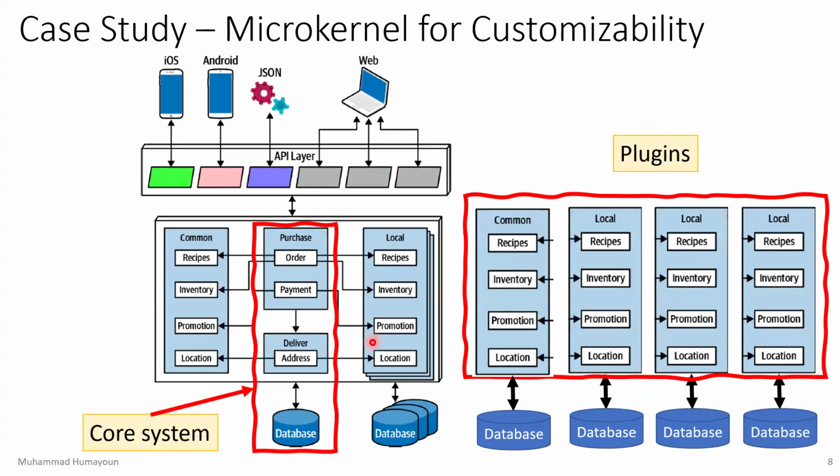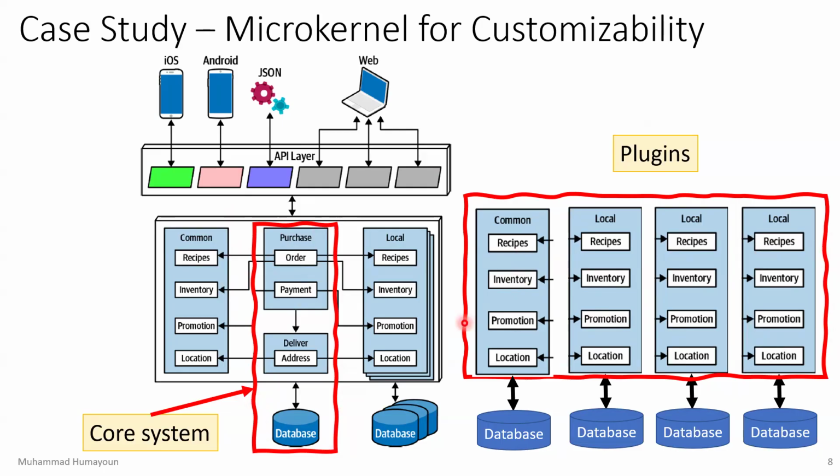If I expand this local part here, it can become something like this. Here you've got common functionalities, then local one, local two, local three, and all of these can be plugins. So this is your main core system, the bare bone, and then you can have the common as a plugin and some local functionalities depending on the region separately as plugins.